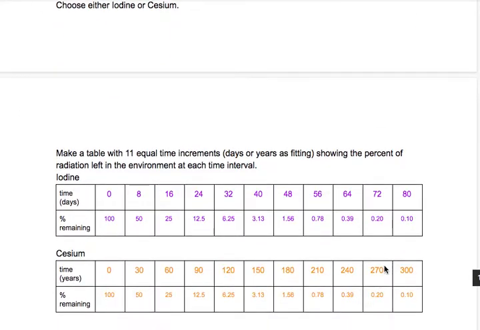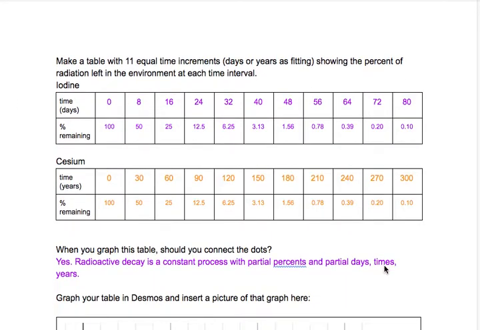Depending on which you chose, you had to make a table. So the percent remaining in each of these tables would be the same because the way you're going to count your table is by half-lives. That's the easiest way to do it because I know for iodine that if at day 0 there's 100% of the iodine, I know for sure on day 8 there will be 50% because that's half-life.